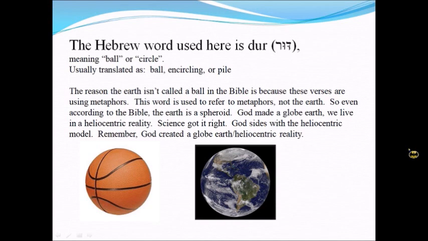The words are used to refer to metaphors, not the earth. So even according to the Bible, the earth is a sphere. We live on a globe earth in a heliocentric reality. That's the way God implied it in the Bible.